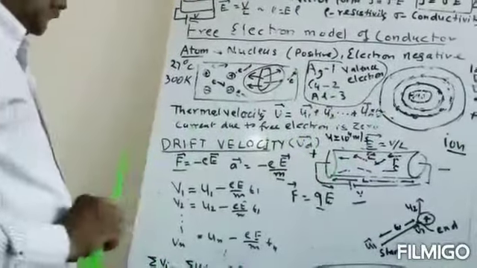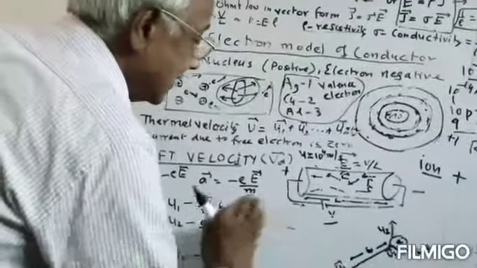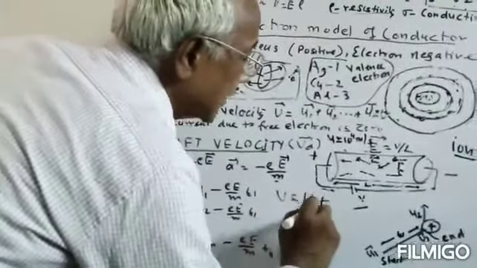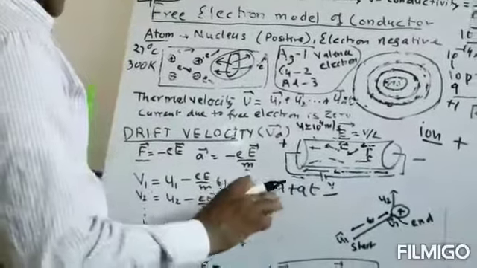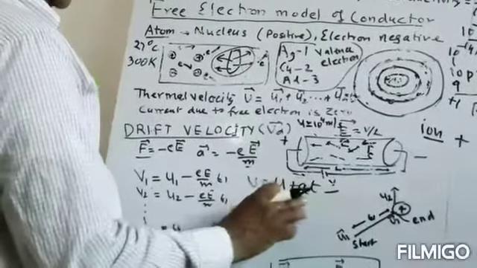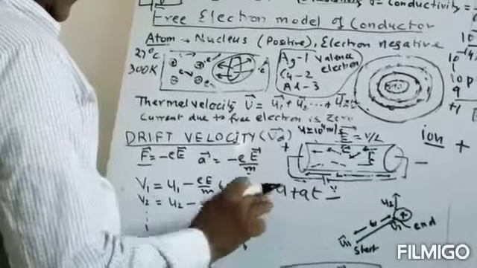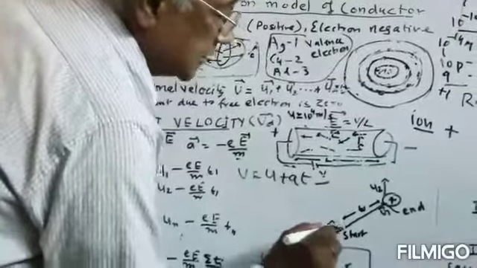We know from mechanics that the final velocity v is equal to u plus at, where u is the initial velocity, a is the acceleration, t is the time, and v is the final velocity. Now suppose we take an electron here, and this is its starting point.